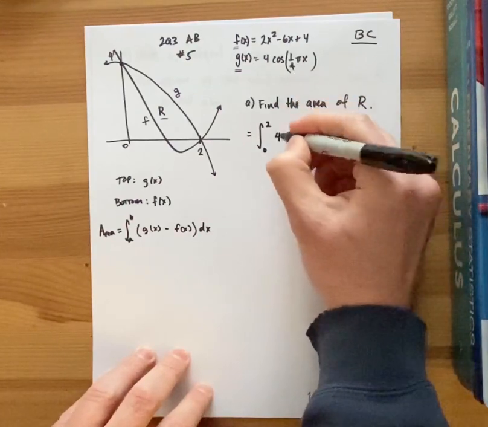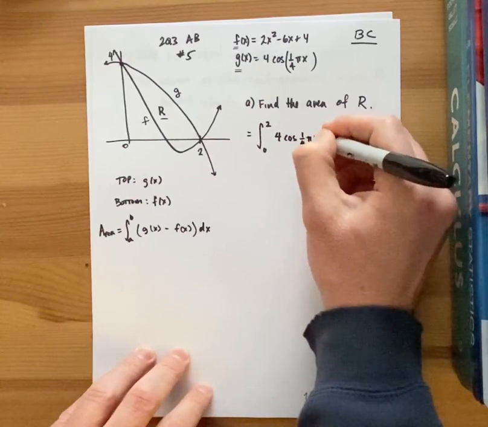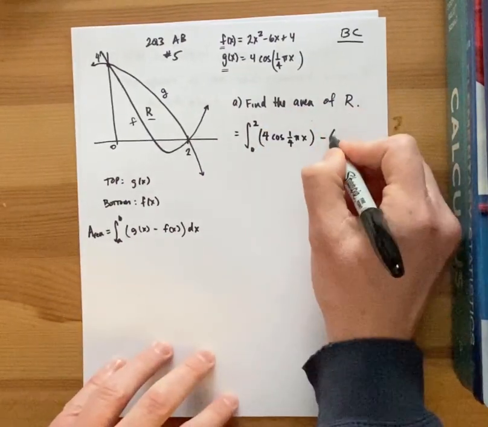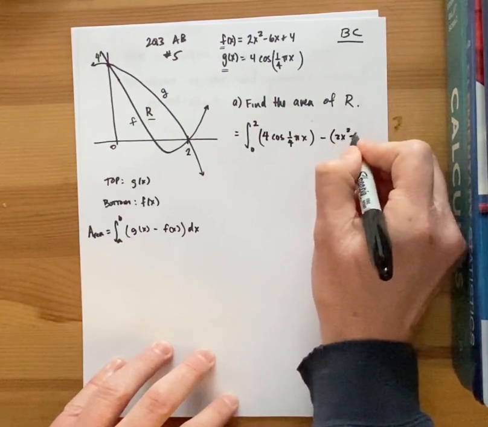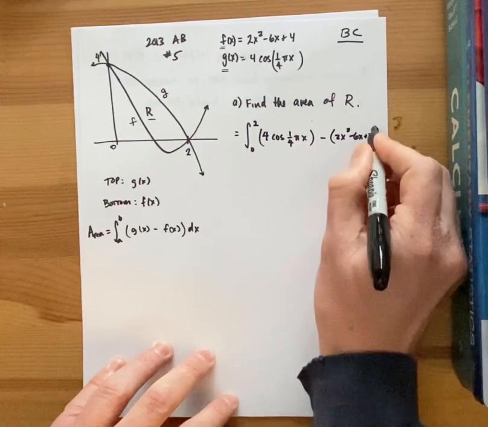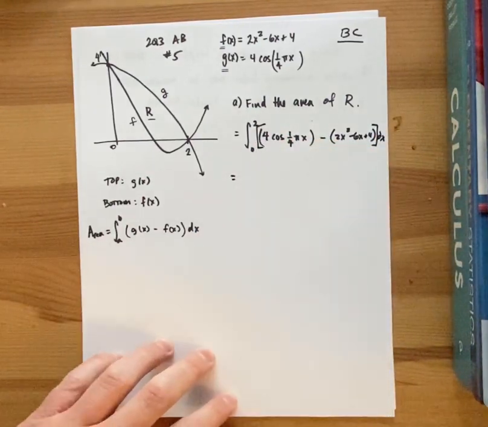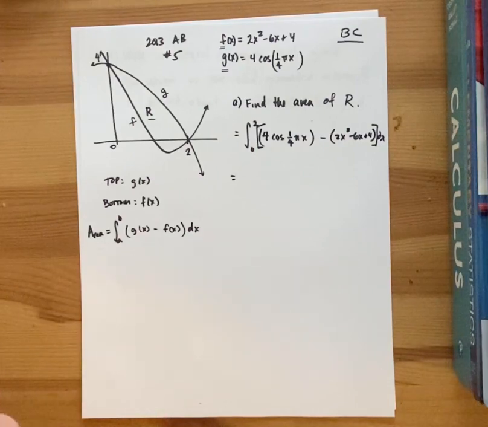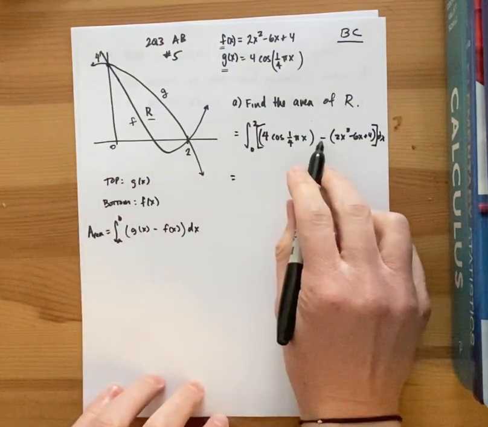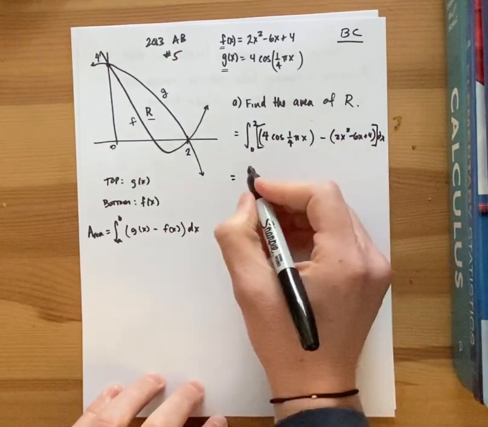Top function is the cosine curve minus the bottom function. Okay, so just be careful of a couple things, the order that you get it in, and also the subtraction with the multiplication distributive property.